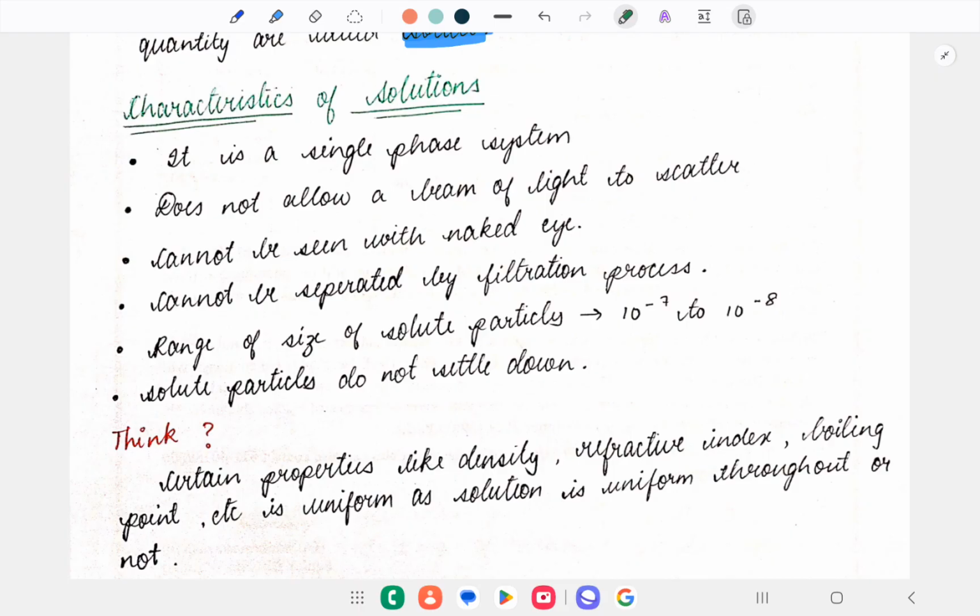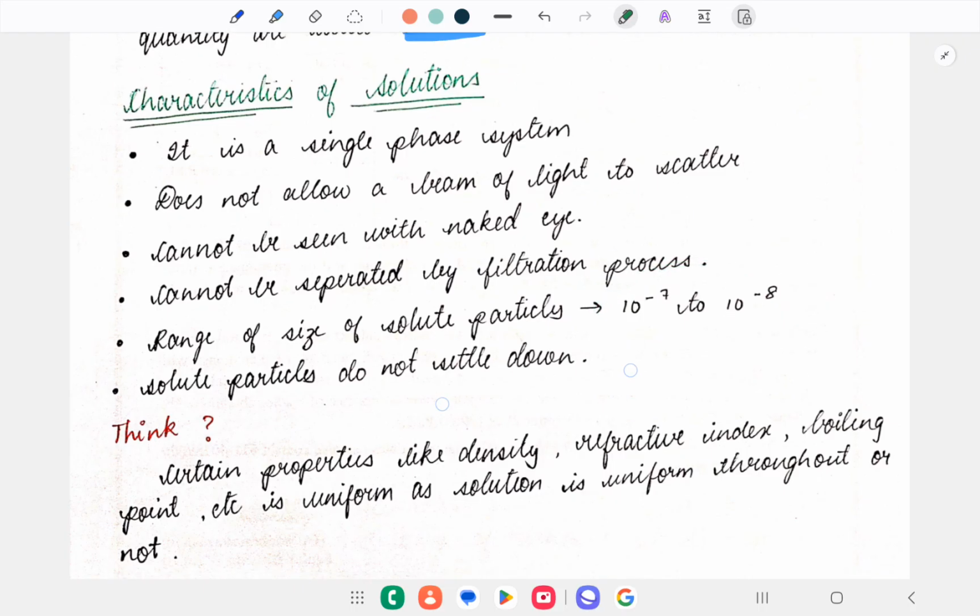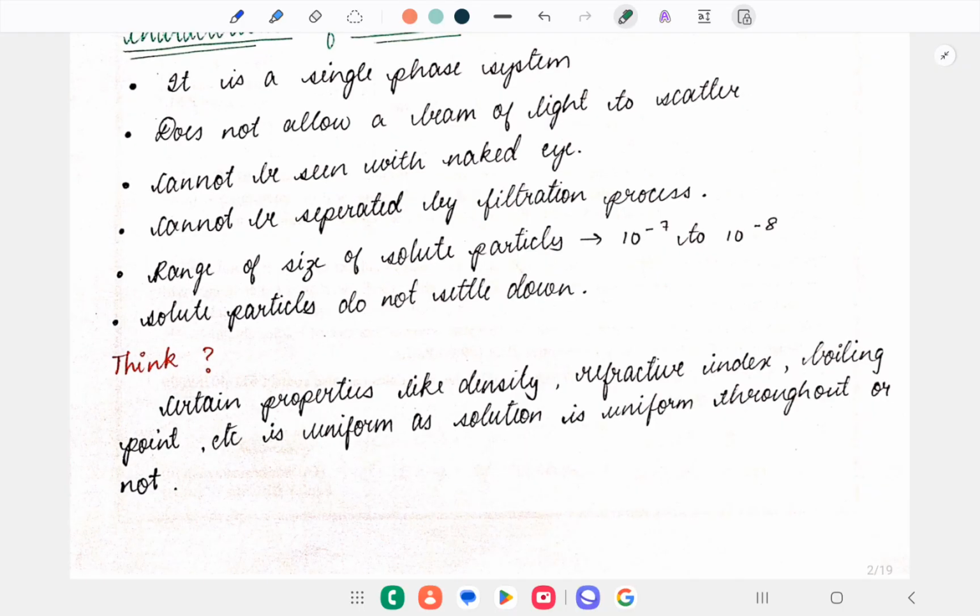Some of the features of a solution. It is a single phase system and it will not allow a beam of light to scatter. It cannot be seen with the naked eye. It cannot be separated by the filtration process. The size of solute particles is in the range of this many centimeters, and the solute particles will not settle down because it is a homogeneous mixture.